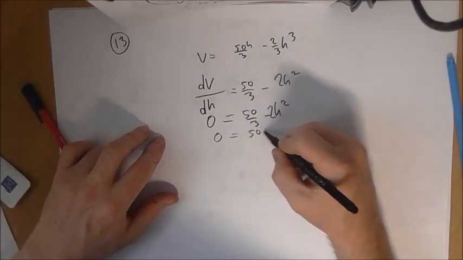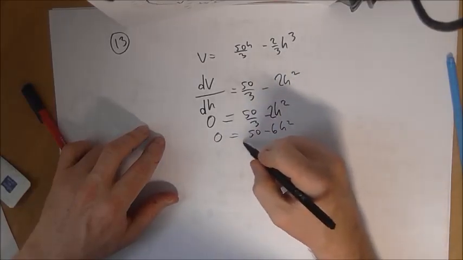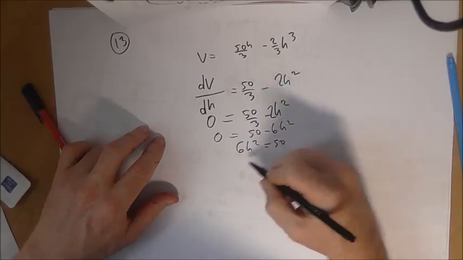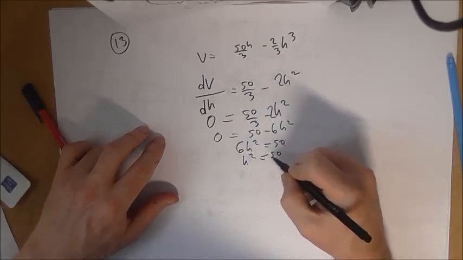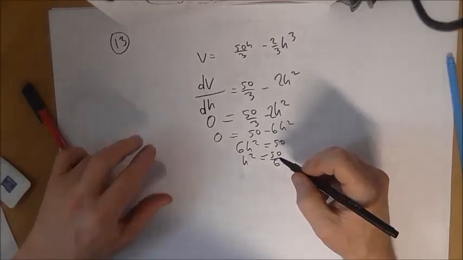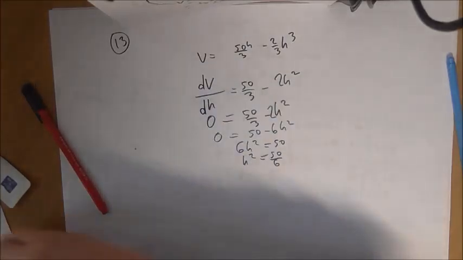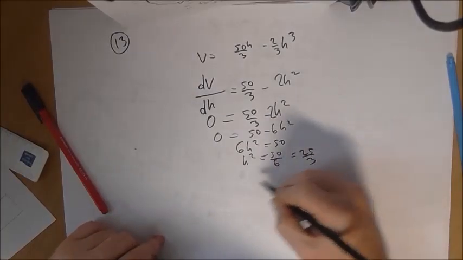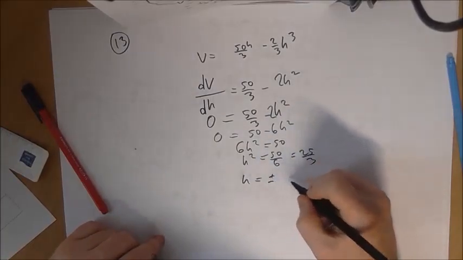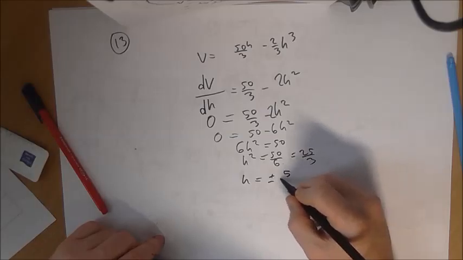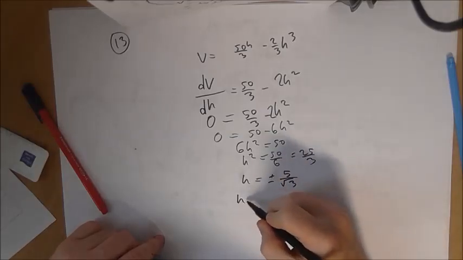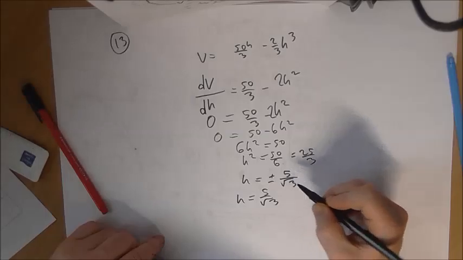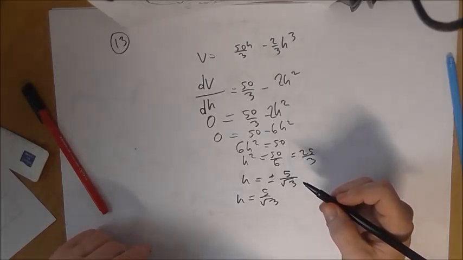So 0 equals 50 minus 6h squared, so 6h squared equals 50. h squared equals 50 over 6, equals 25 over 3, so therefore h equals plus or minus the square root of 25, which is 5, over the square root of 3. So in other words, h equals 5 over root 3 because you can't have a negative height. So that's the value of h, for which there's a stationary value.